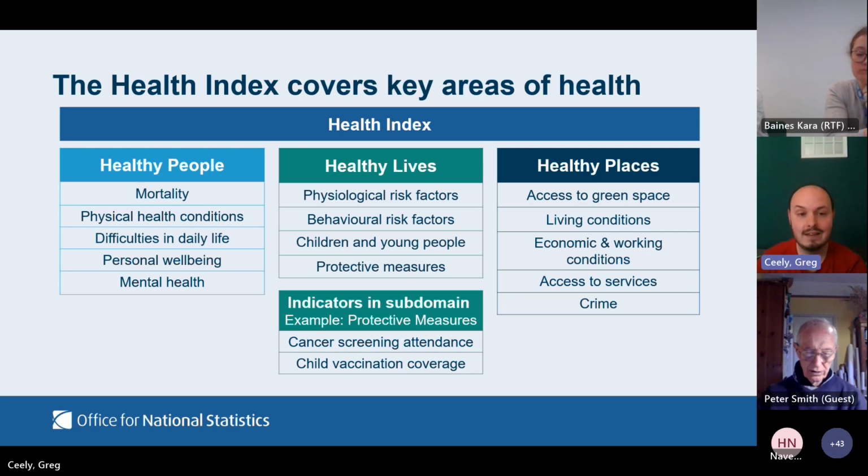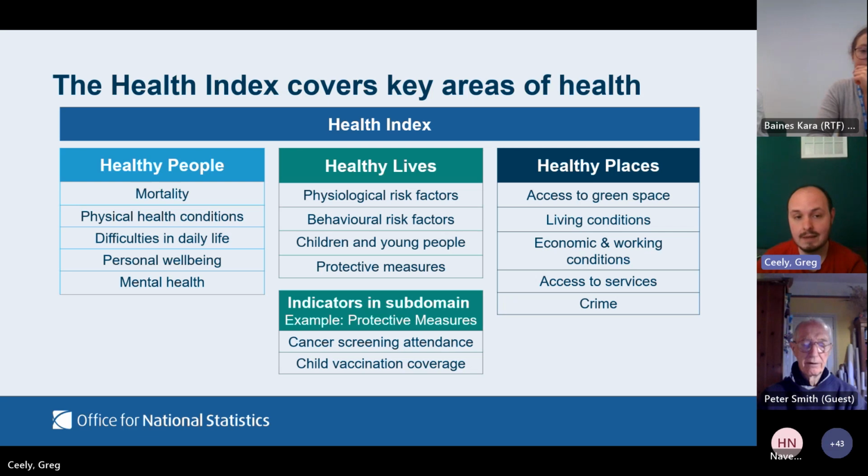And the hierarchy of the index is presented on this slide, with the health index along the top, our three domains of people, lives, and places, each being a column, and all of the subdomains within each of those domains presented underneath its respective domain. So healthy people has 5 subdomains, healthy lives has 4, and healthy places has 5.